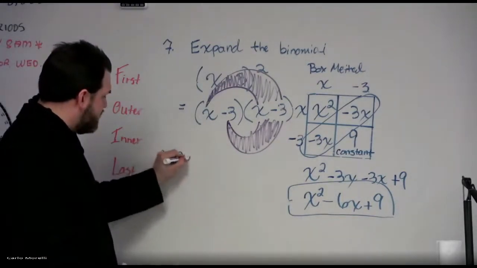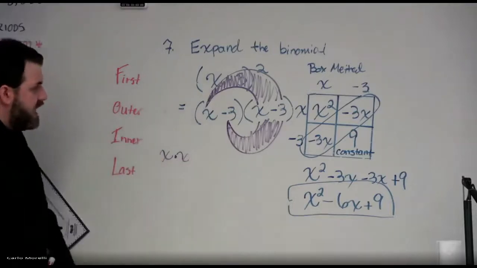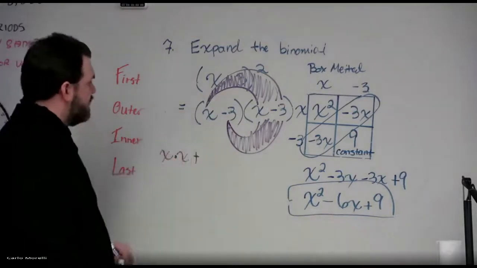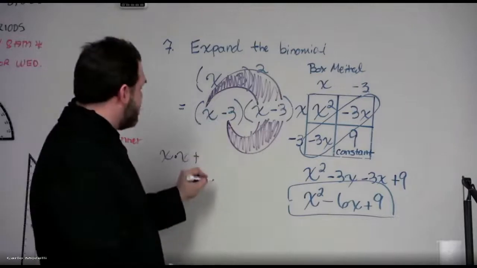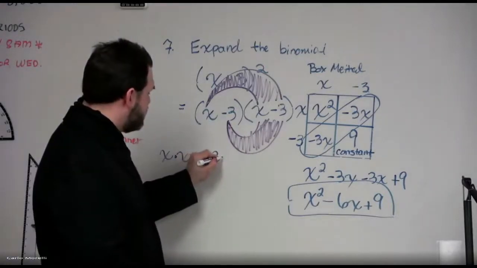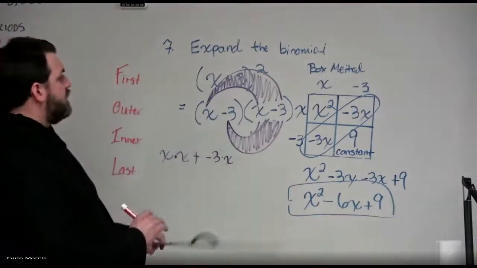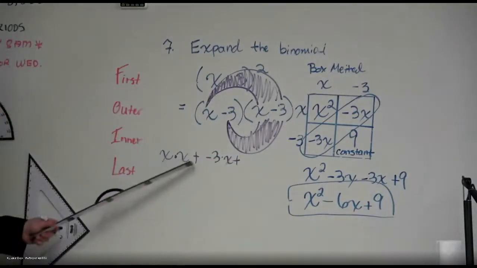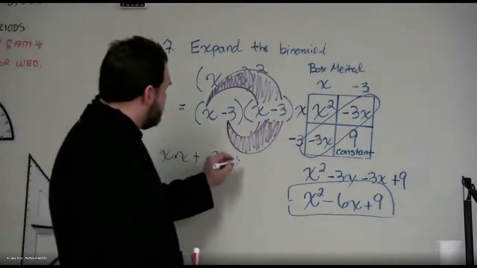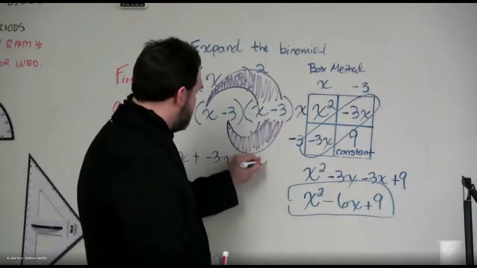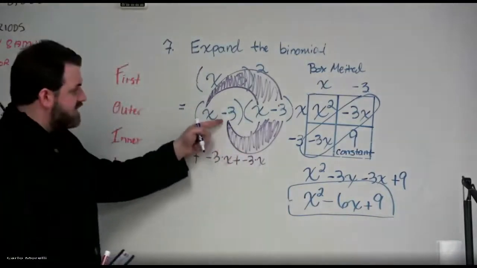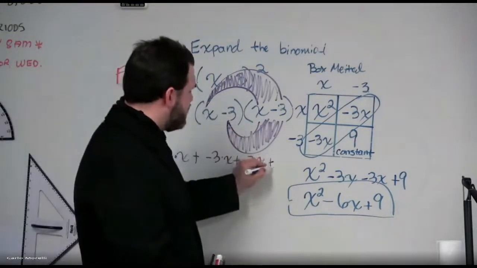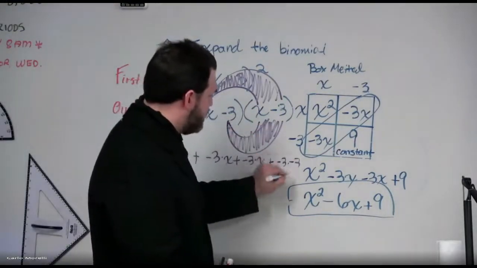Outer, so you put plus x times -3, that's -3 times x. Inner, -3 times x, so plus. See what I'm doing? x times x plus -3 times x plus -3 times x plus last, -3 times -3.